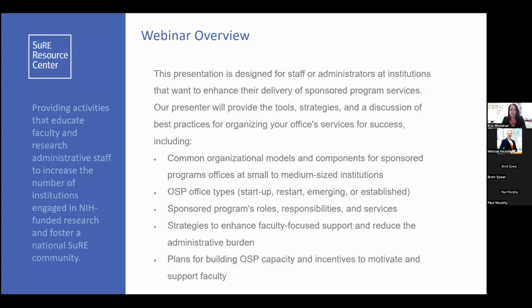Our role in the OSP office is to build this capacity, provide incentives, support faculty, as well as maintain compliance for our institutions. So that's what we'll be focused on. We're going to jump right in.